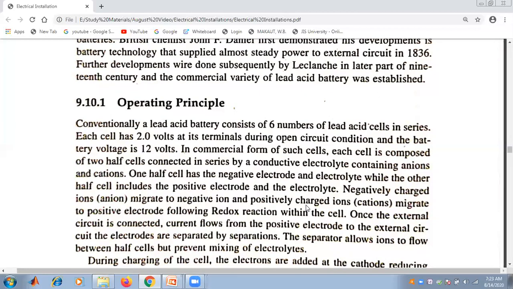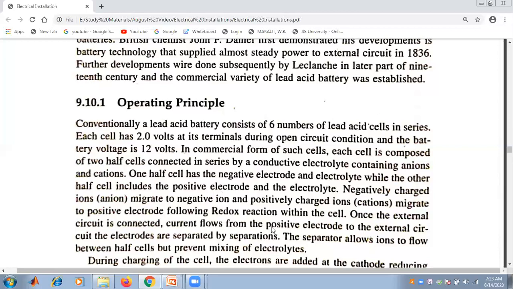In commercial form of such cells, each cell is composed of two half cells connected in series by a conductive electrolyte containing anions and cations. One half cell has the negative electrode and electrolyte, while the other half cell includes the positive electrode and electrolyte.